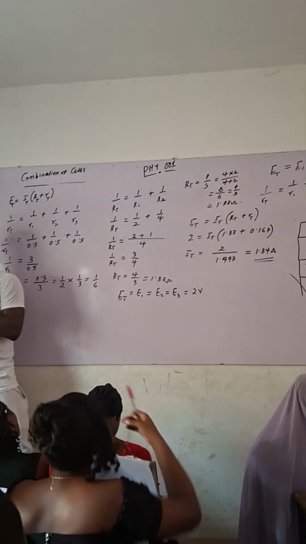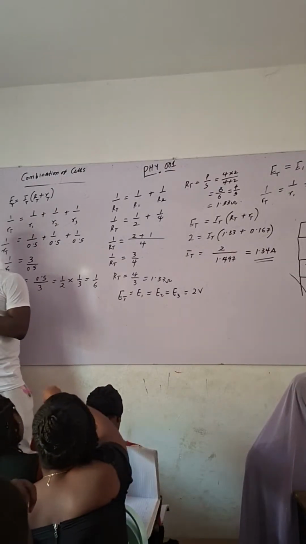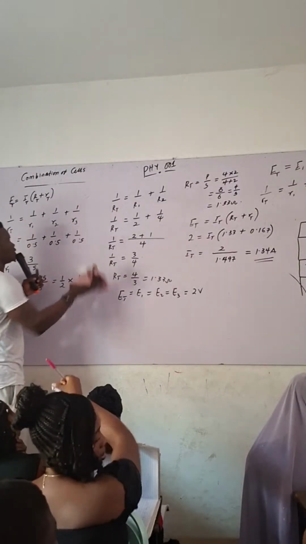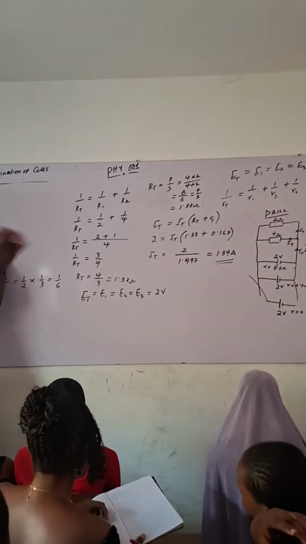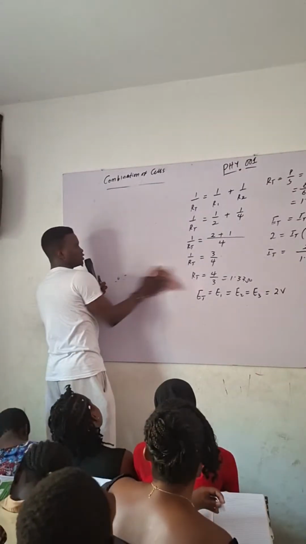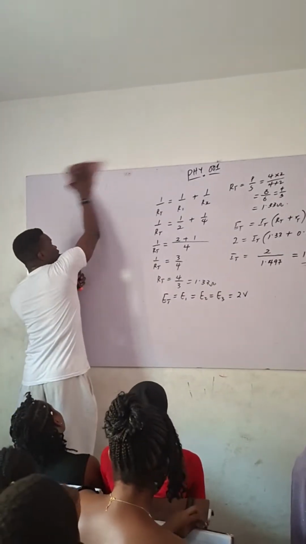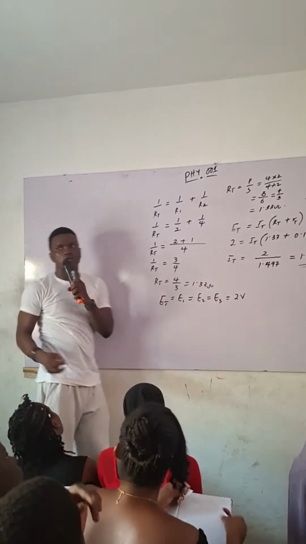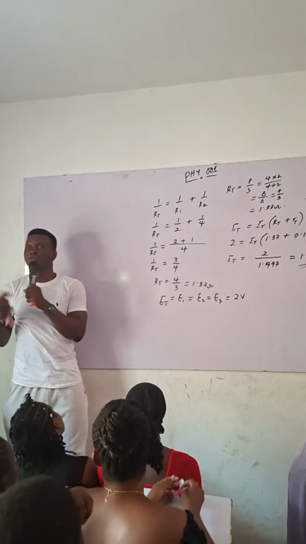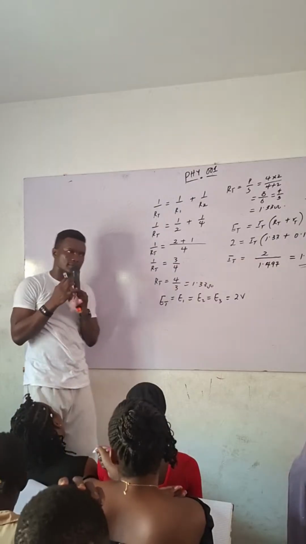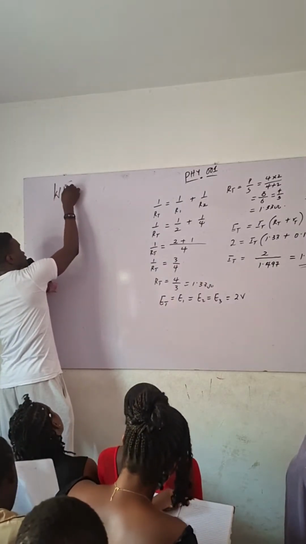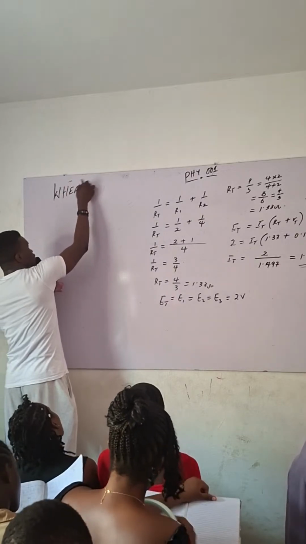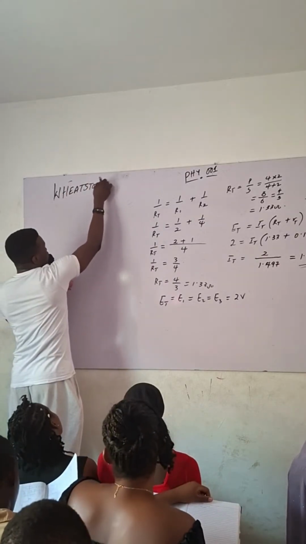Are you through with the board? So let's look at Wheatstone Bridge. Wheatstone Bridge is a device used to determine the value of an unknown resistance.